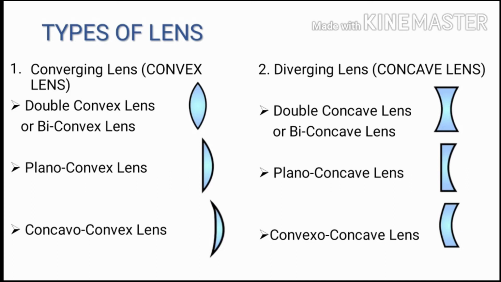We also have concavo-convex lens, whose one surface is concave, that is curved inward, and the other surface is convex, that is curved outward. Similarly, diverging lens or concave lens are of three types: double concave lens, plano-concave lens, and convexo-concave lens.